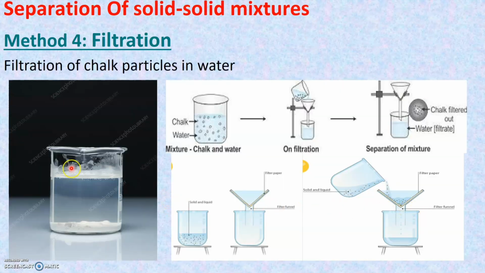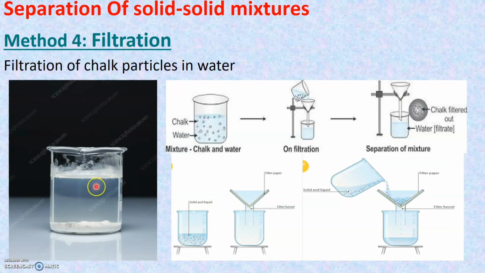As you see here in this picture, when chalk particles are mixed with water, it forms a chalk-water mixture. But chalk particles are not soluble in water. Therefore, this mixture can be separated using this method of separation, that is filtration.